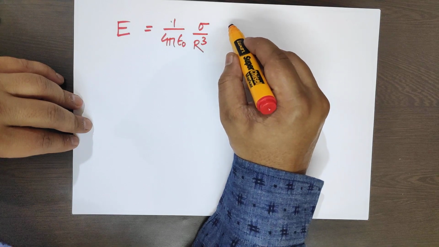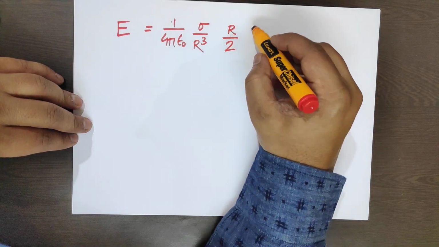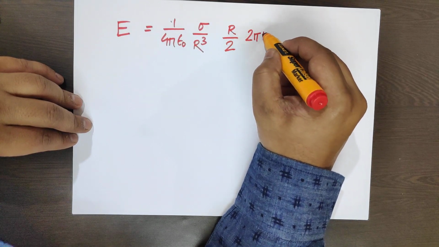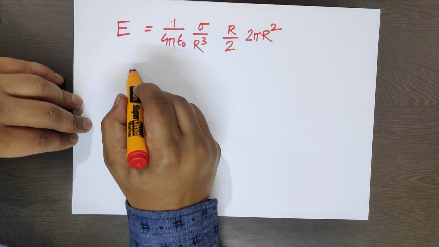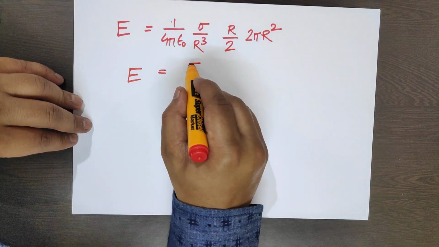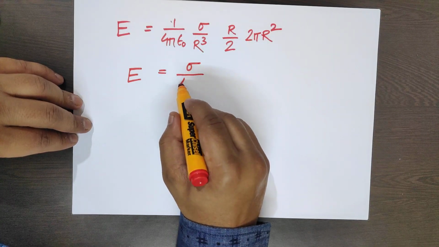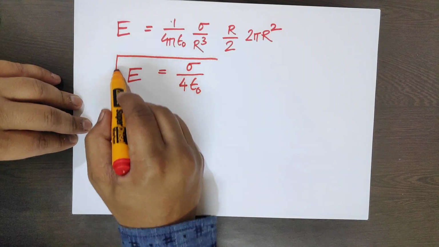Y bar means coordinate of the center of mass, that is r by 2 for a hemispherical shell, and A equals 2 pi r square. Okay, so E equals sigma by 4 epsilon naught, as the 2 and 2 cancel. So that was also right.